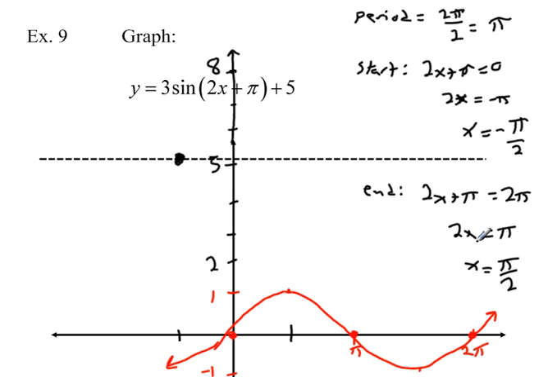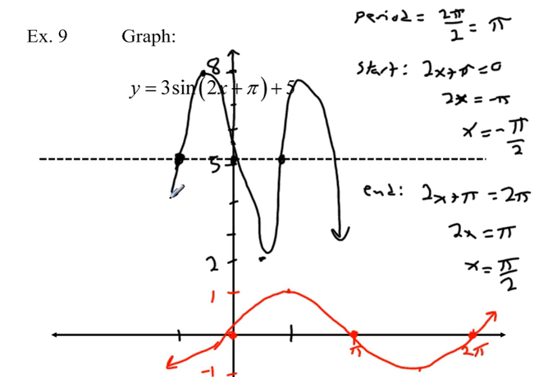Instead of ending over here at 2 pi, we're going to end pi over 2 units to the right. This graph is going to go up 3 units, down 3 units. So we're going to have a curve that looks something like this. Going to go up here and down, up here and down, and keep on repeating on and on forever.